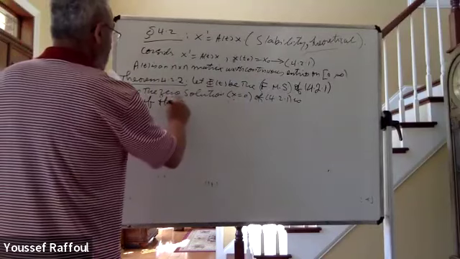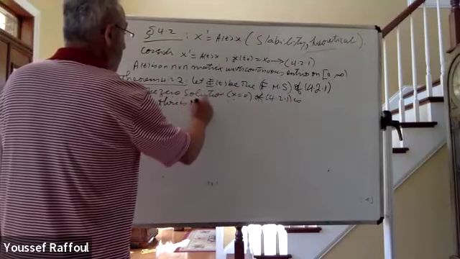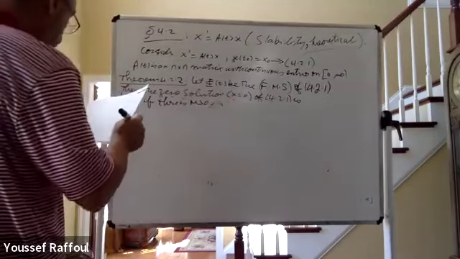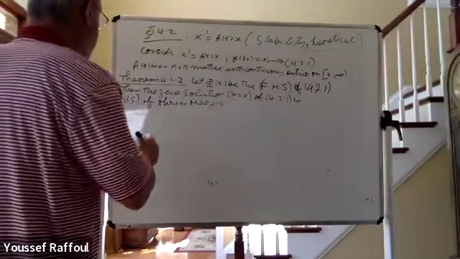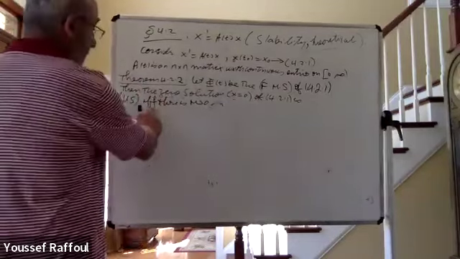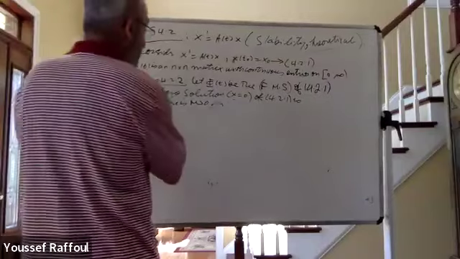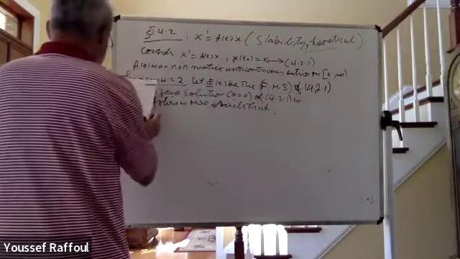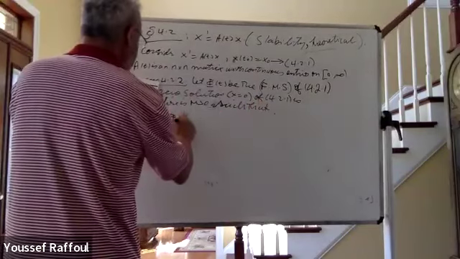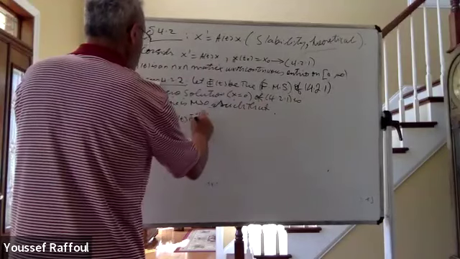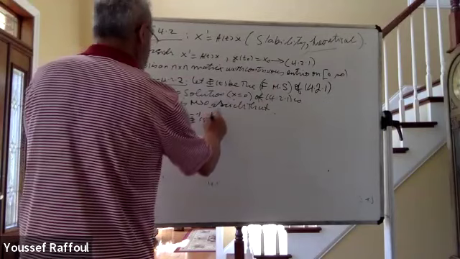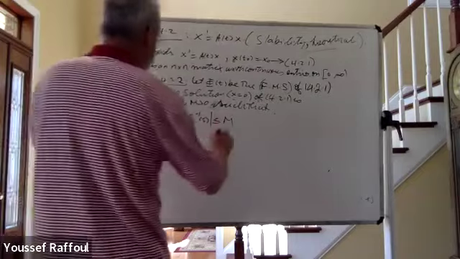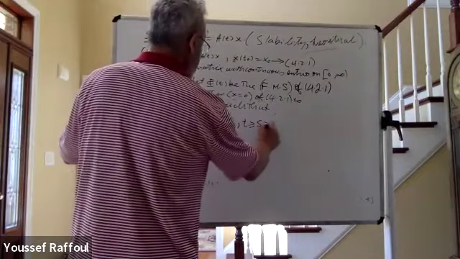if and only if there is a constant m positive such that phi(t) phi inverse(s) is less or equal to m for t bigger or equal to s bigger or equal to 0.